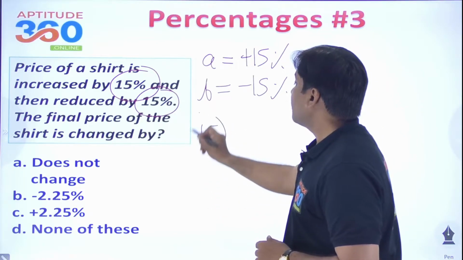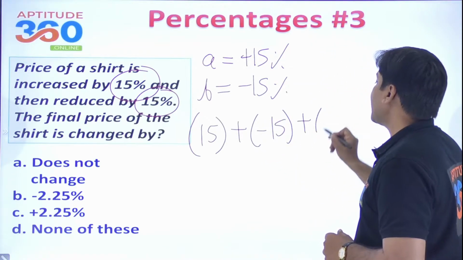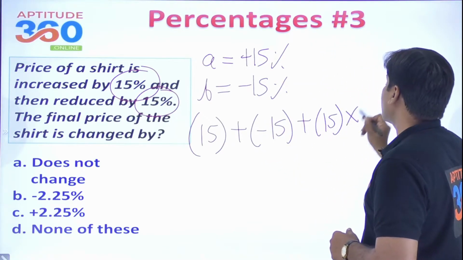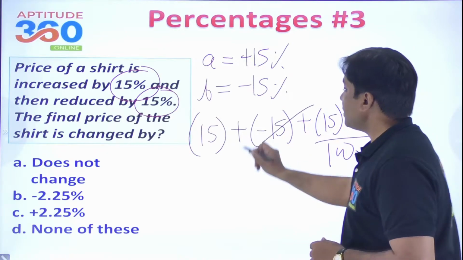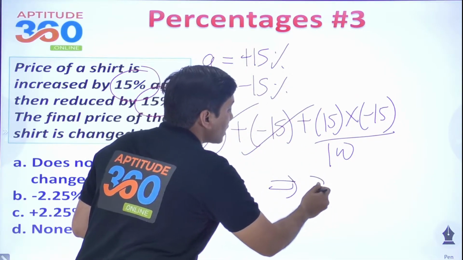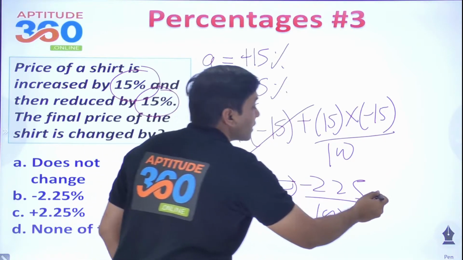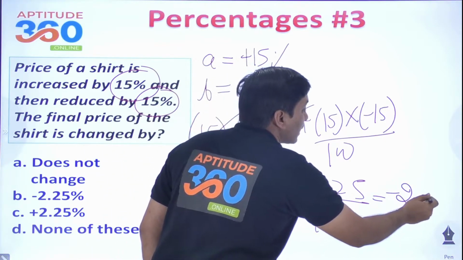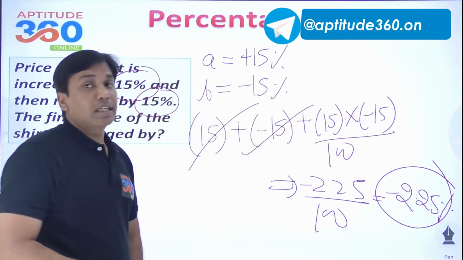A is 15, B is minus 15, and that value should be 15 into minus 15 upon 100. And if you simplify this thing, it is gone, and that value should be coming out as 225 by 100 with negative sign, and that value will be negative of 2.25%. Is that okay?